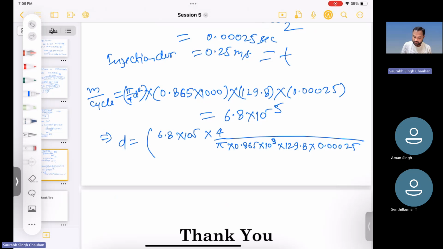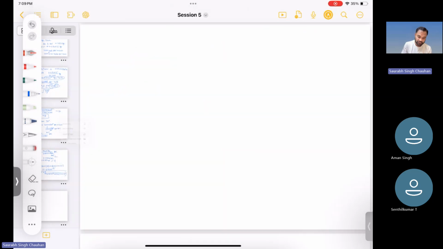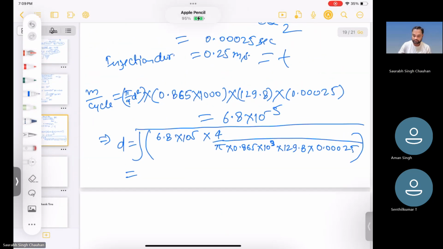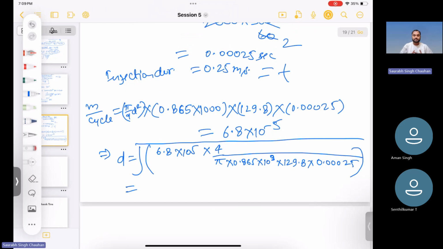This will be the nozzle hole diameter. So how much is it?